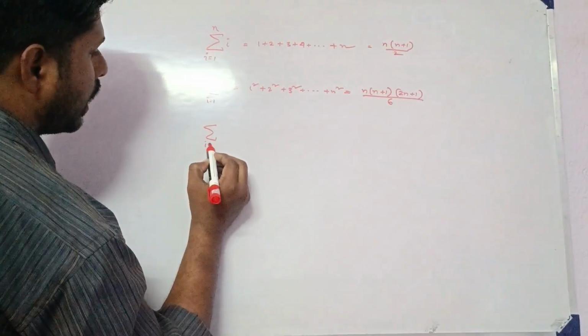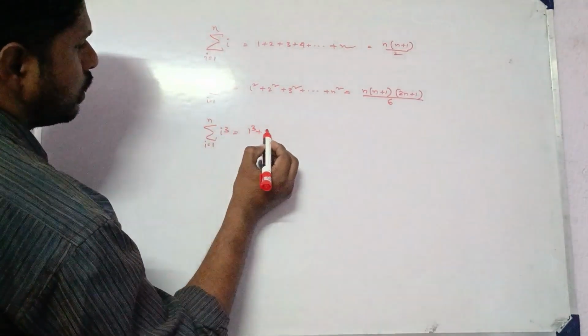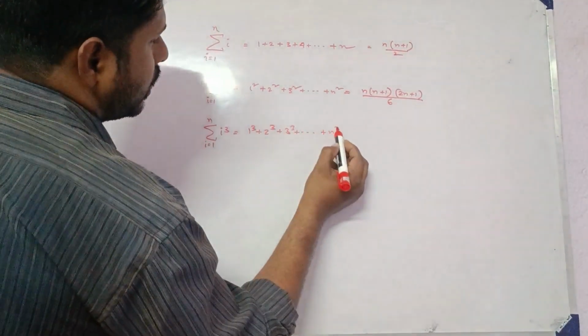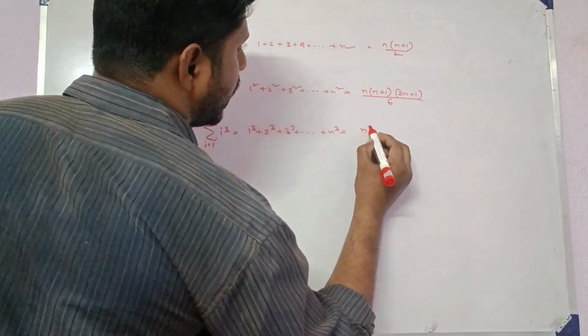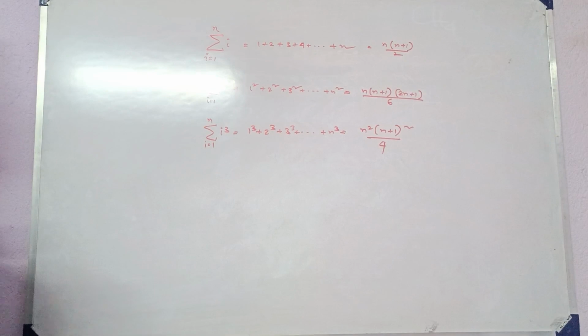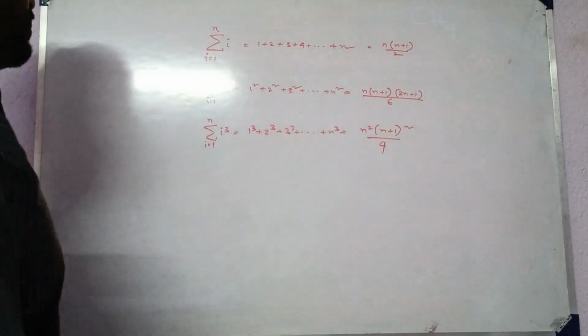And summation of i cube from 1 to n, that means 1 cube, 2 cube, 3 cube, up to n cube, that will be n square into (n plus 1) whole square by 4. These are the three things we need to know for AP.